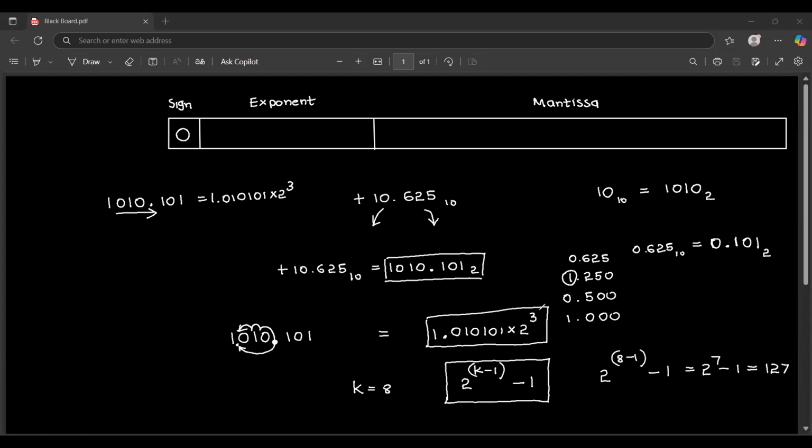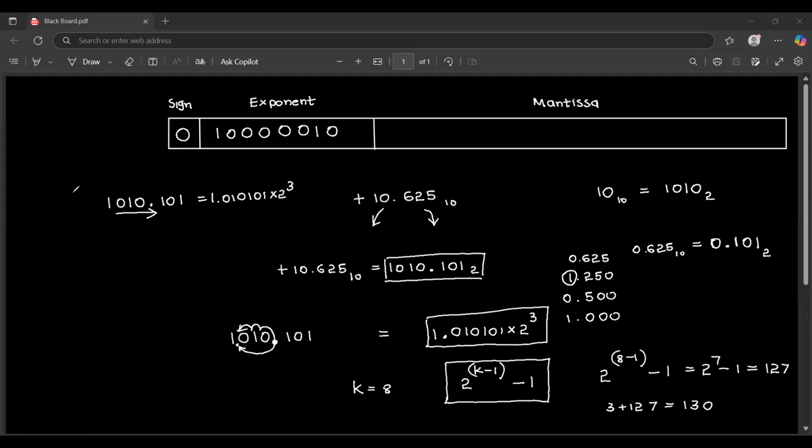If you add 3 to 127, you get 130. Now you represent the exponent: 128, yes; 64, no; 32, no; 16, no; 8, no; 4, no; 2, yes; 1, no. See, 8 bits are covered.